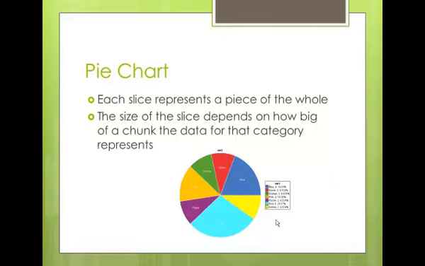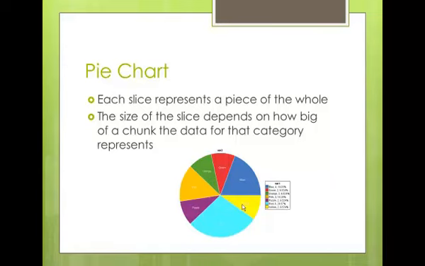So for example here, look at our pie chart of our color data. Here's red. Not a very good job here with matching up colors, but anyway, here's red. It's the teal, oddly enough, and it is the biggest chunk, because it was the most popular category. And here are purple and orange and green and yellow.